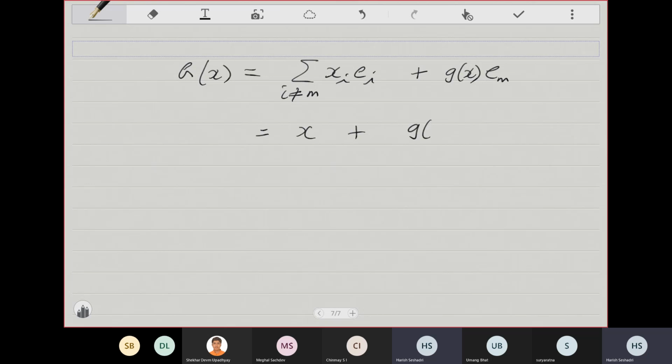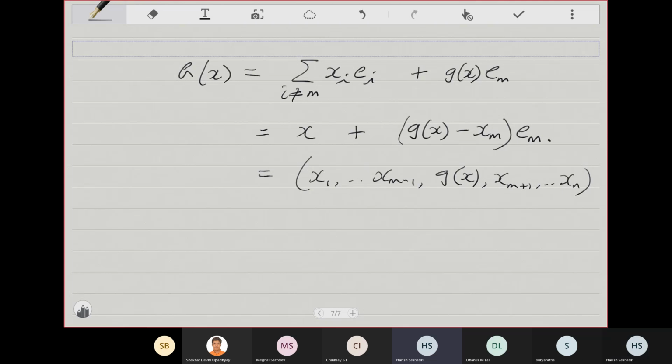These are the forms we'll work with, but keep in mind that G of x is just this kind of function: x1, ..., x_{m-1}, small g of x, x_{m+1}, ..., xn.